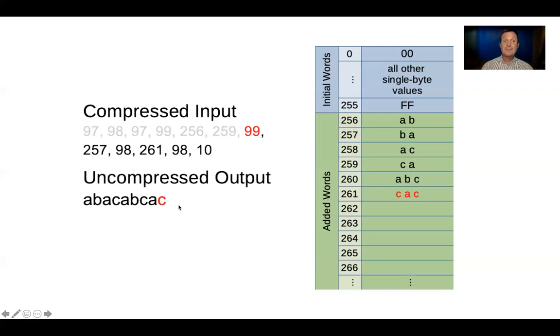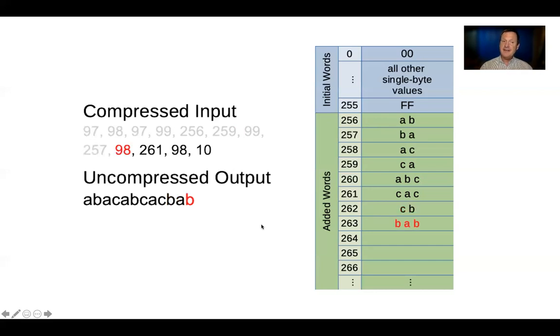So we do that. The next code is 257. That's BA, looking at the dictionary. So our next 2 characters must be BA. And the compressor would have added CB to its dictionary: the previous word, C, plus just the next 1 character, this B. So we add that to our dictionary.